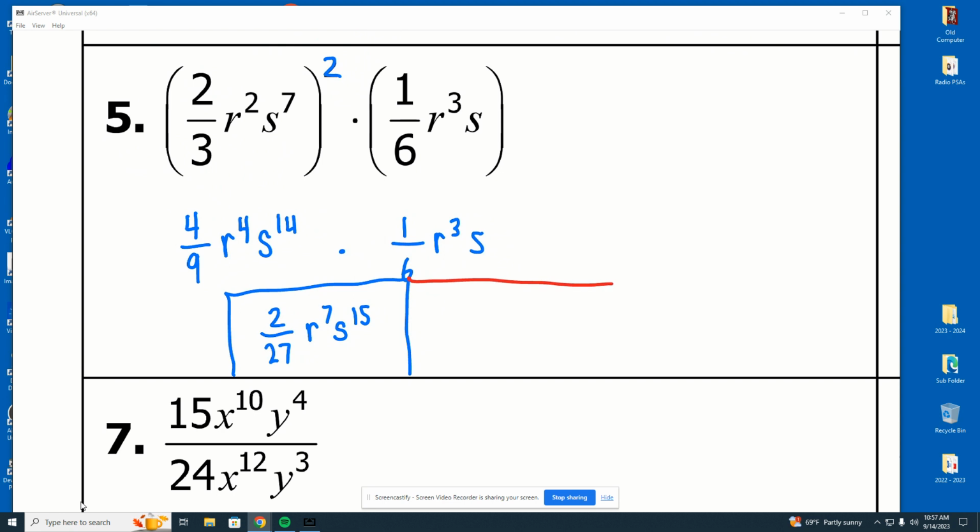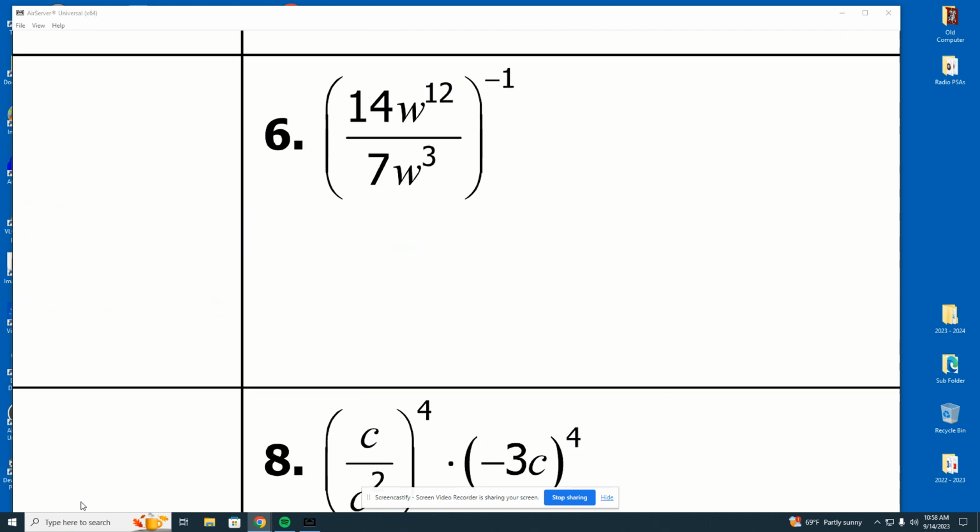So some people don't like to be confused, so they put the r to the 7th, s to the 15th up top with the 2, and then they put the 27 in the bottom, because the 27 is the only one that's in the denominator. And that's fine too. Both of these answers are 100% fine. Just know, when you see your variables out in front like that, it means technically they're in the numerator. Okay? They're in the numerator.